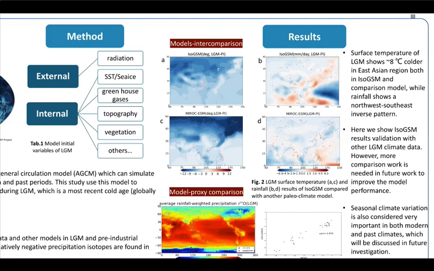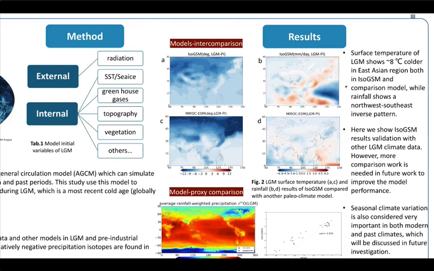We can see in this region, East Asia, we get a negative 8 degree colder temperature, and we can also get less rainfall in the northwest of this region, and more rainfall in the southeast region.